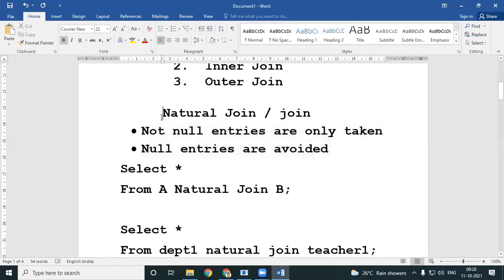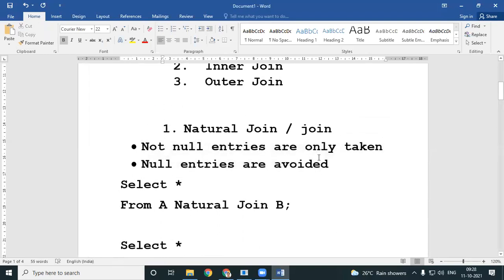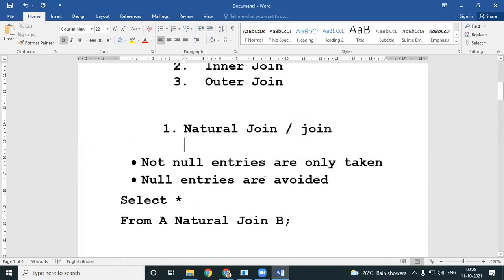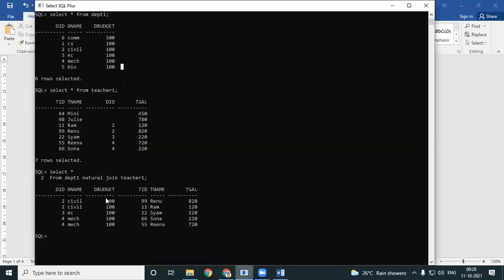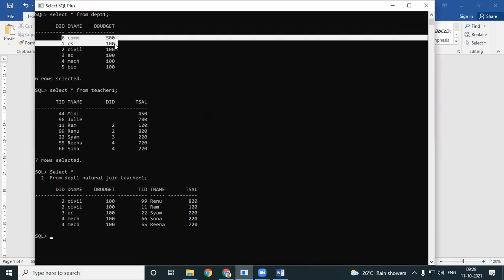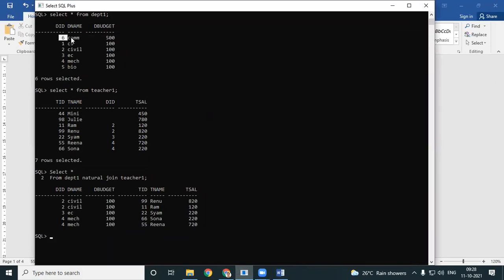Now let us find out what you mean by a null entry. Let's come back to our table. Now look here. If you look into the department table, take this commerce, 6 commerce. Commerce is 6. It is connected to my teacher table.